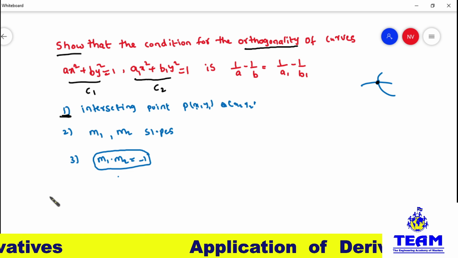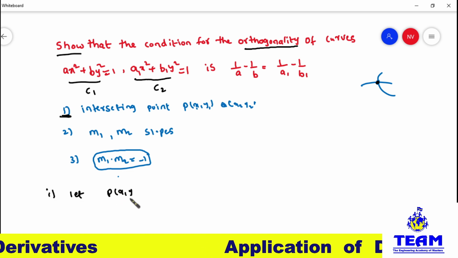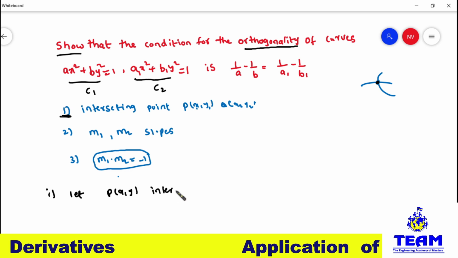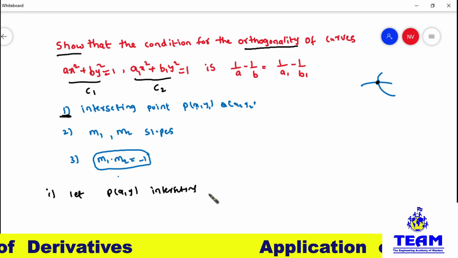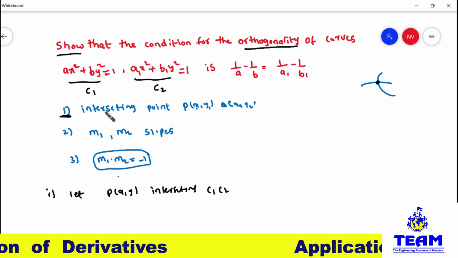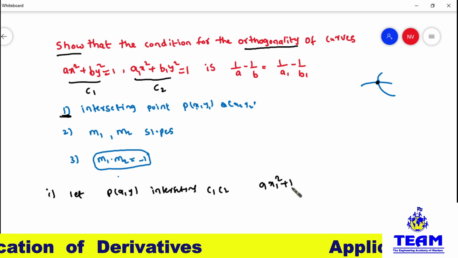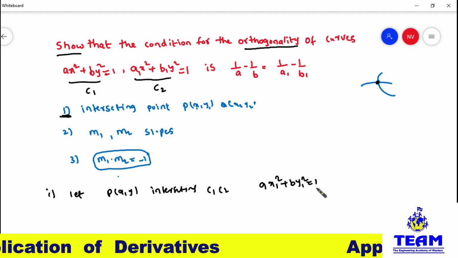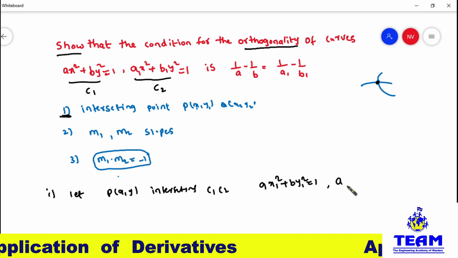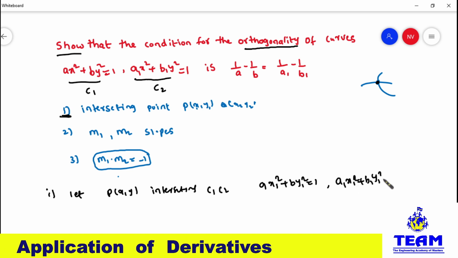So what I am considering first: let P be a point x1 comma y1 where curves C1 and C2 intersect. Obviously, if it is intersecting, then you can say a x1 square plus b y1 square is equal to 1 and a1 x1 square plus b1 y1 square is equal to 1.